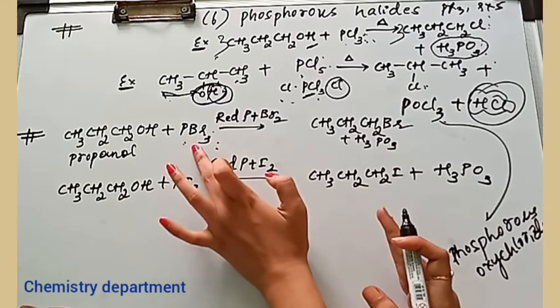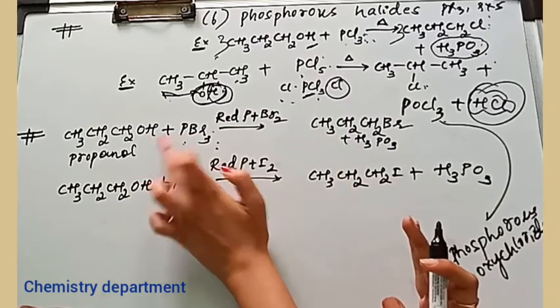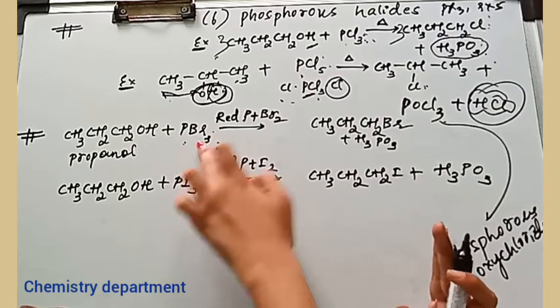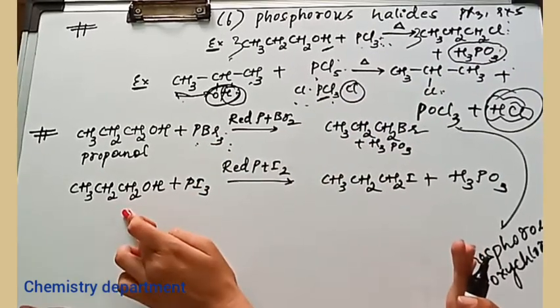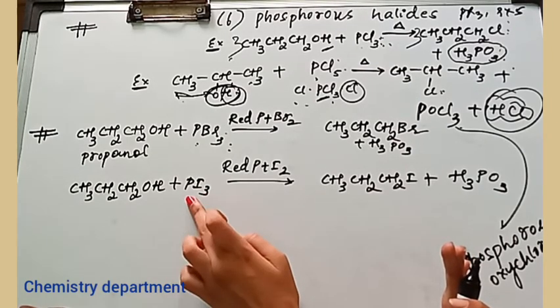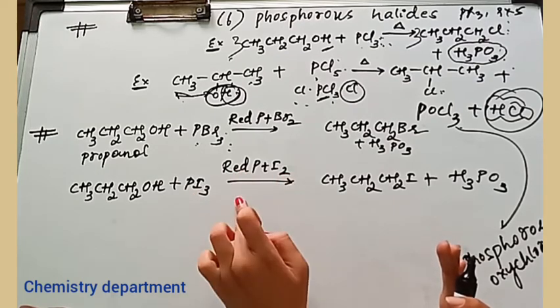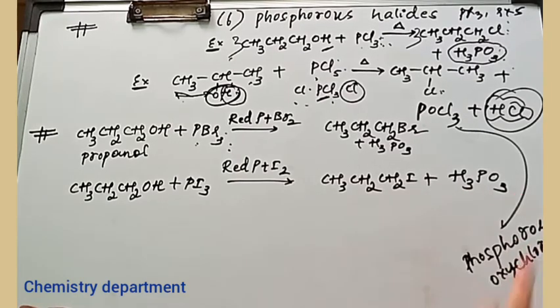So phosphorus tribromide reacts with alcohol. Same thing, OH is replaced with this Br and you are using PBr3 here. So H3PO3 is a common product. The same alcohol, that is propanol, when you are reacting with triiodophosphorus or phosphorus triiodide, red phosphorus plus I2 will combine and OH is replaced with I, with H3PO3 formed.